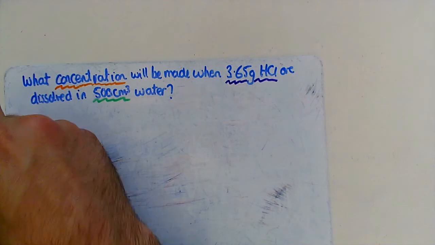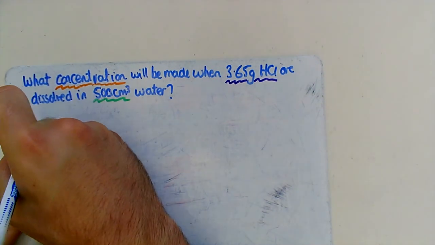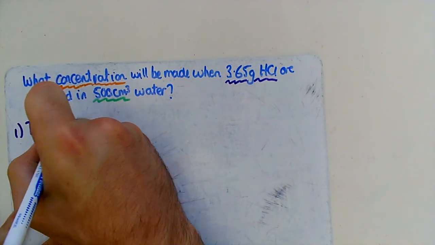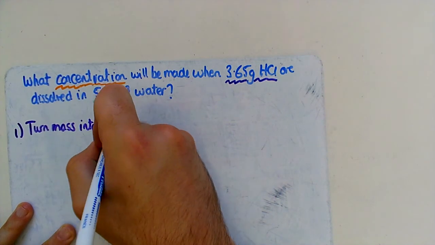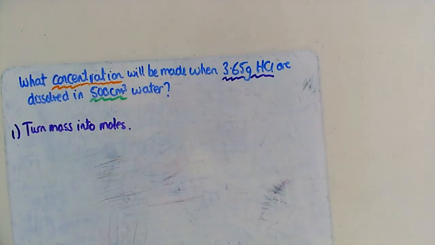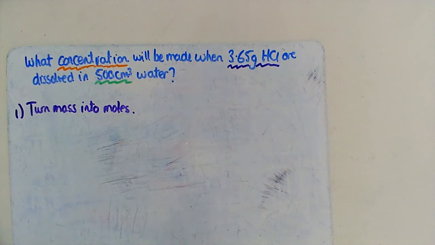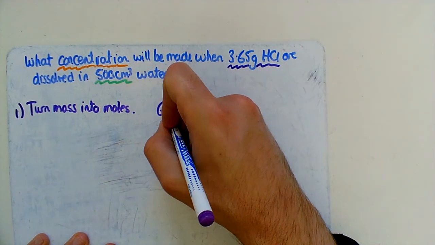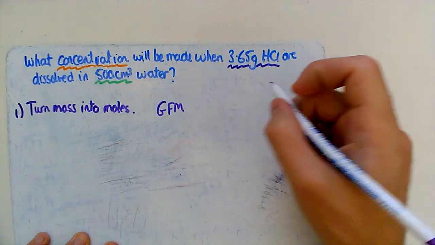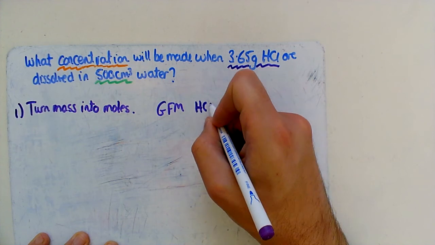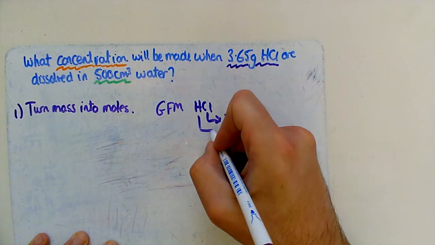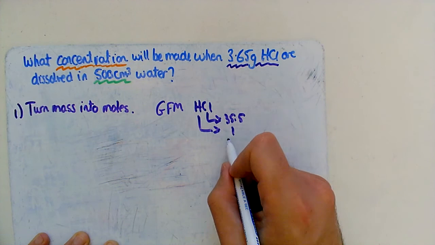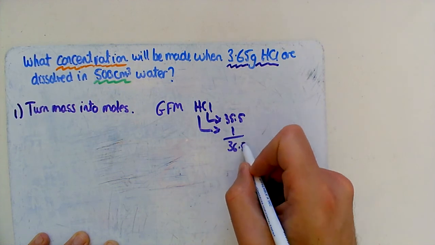So in this case, step 1 is turn mass into moles. So what we need is GFM of HCl. Cl is 35.5, H is 1, so that's 36.5.